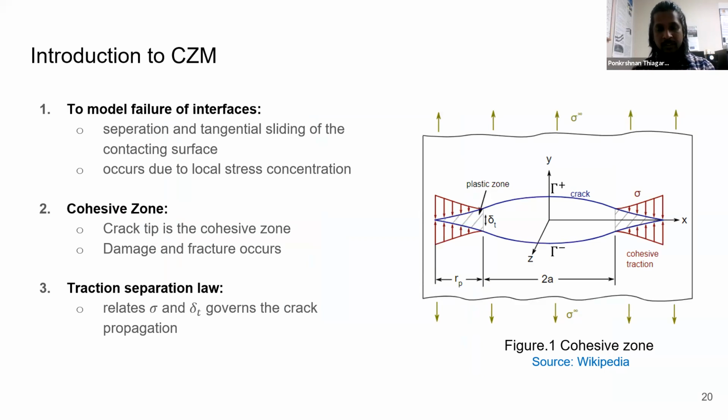As you can see from the figure on the right-hand side, consider that it is an infinitely long plate and we have a crack in between. Now, the cohesive zone is the crack tip and the damage and fracture occurs at the crack tip because of local stress concentration. In a cohesive zone model, a traction separation law is defined that relates the stresses and the displacement that governs the crack propagation.